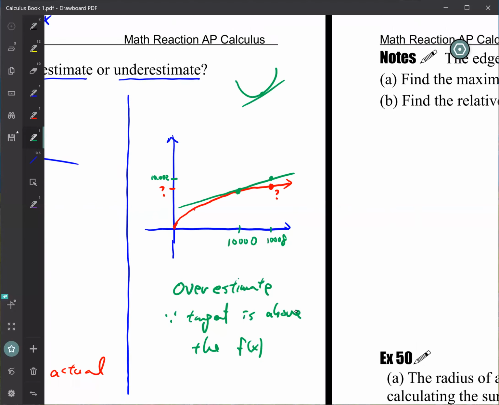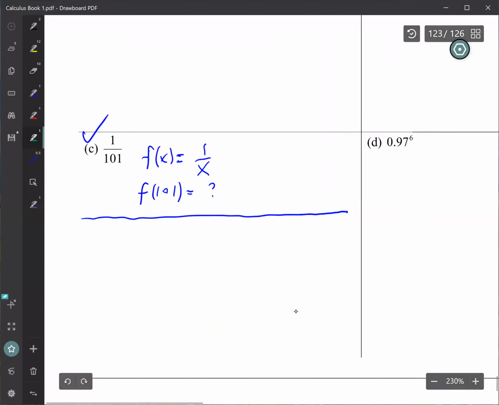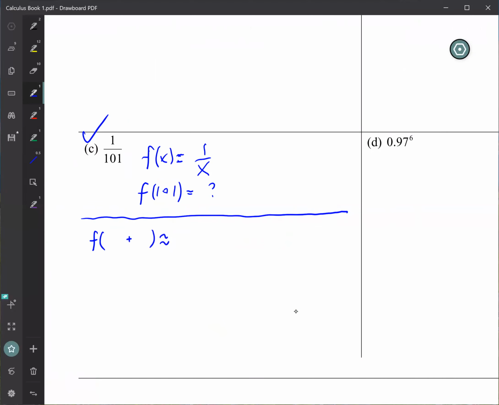So I'll let you try this as well. You can continue with this now. You can do the split, and then do the rest, and then let me know whether this one is an over or underestimate.